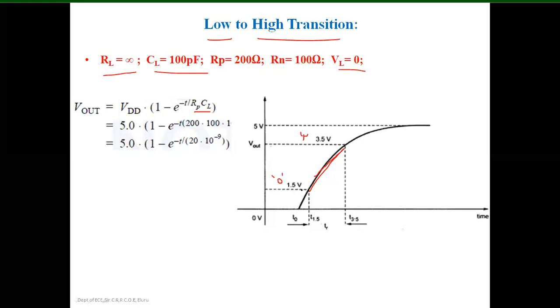But in between is the undefined state, abnormal operation. So again we will calculate the time response at the two voltages, 1.5 volts and 3.5 volts, and the difference between these two times will give us the rise time from low to high.